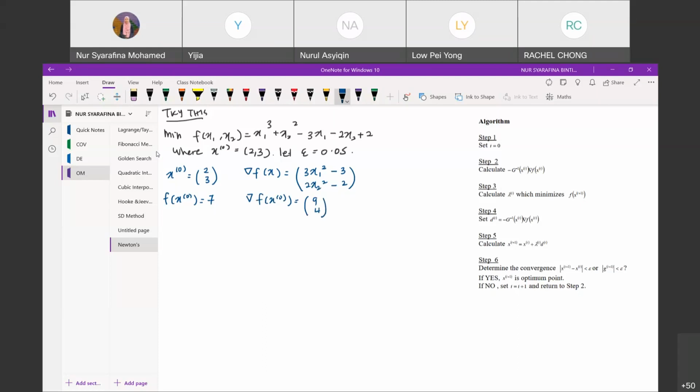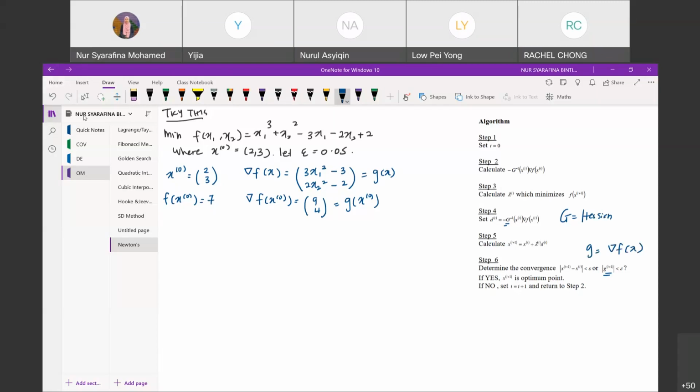So this g here is actually the derivative. The big one here is the matrix, the Hessian matrix. G here is the derivative. Okay, so this is our step.